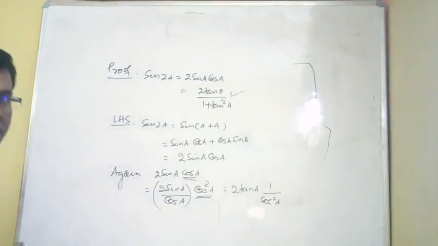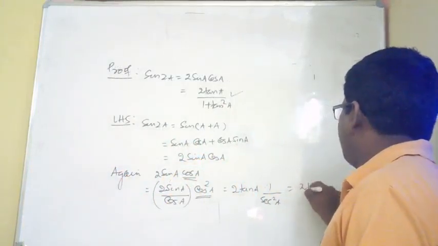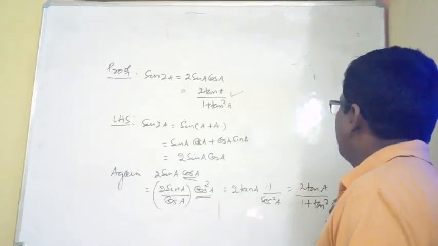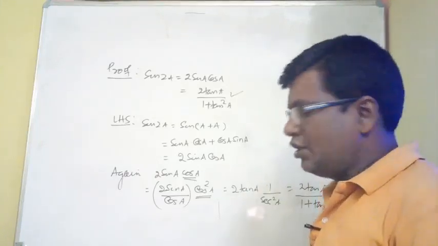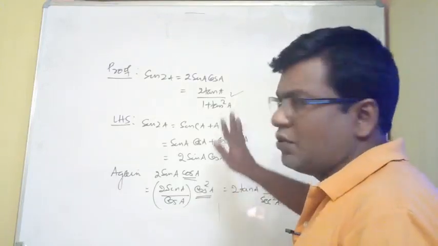Sec square equal to 1 plus tan square A. So this is equal to 2 tan A by 1 plus tan square A. Okay. For other formula, we prove similarly applying this method.